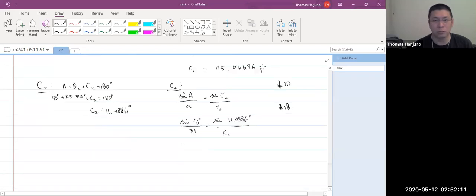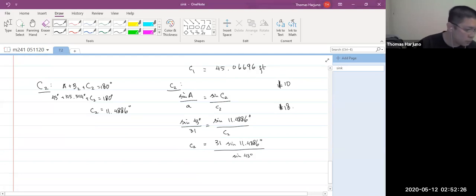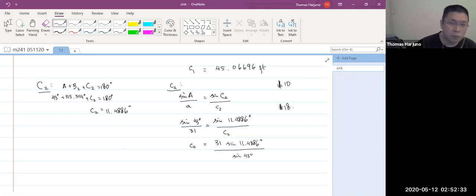So C2 equals 31 sine 11.4886 degrees over sine 43 degrees. So 31 sine of 11 something divided by sine 43 degrees.